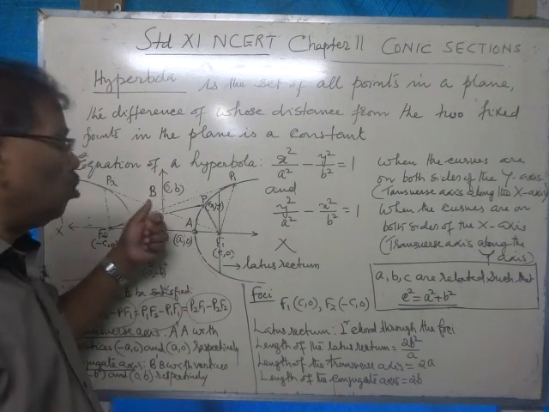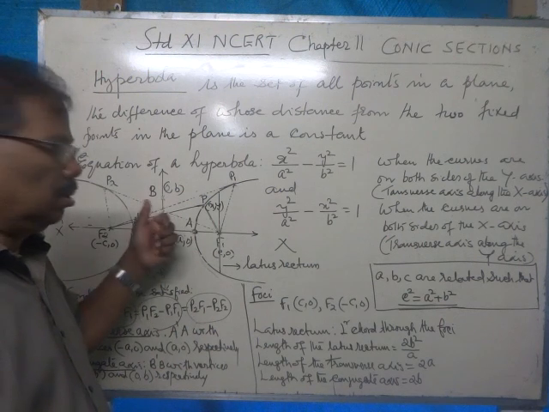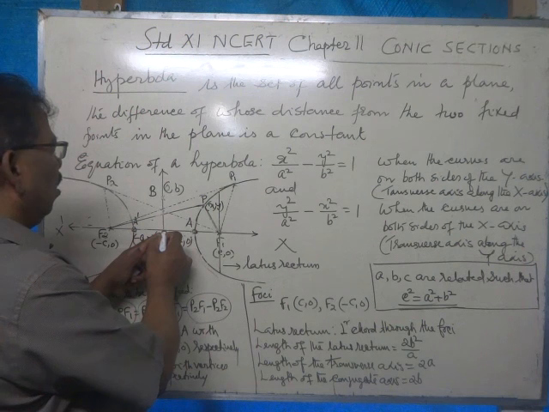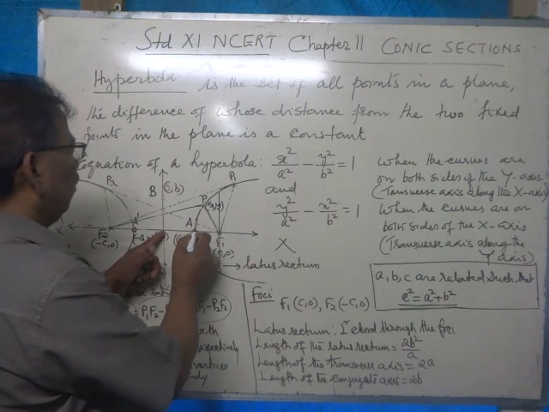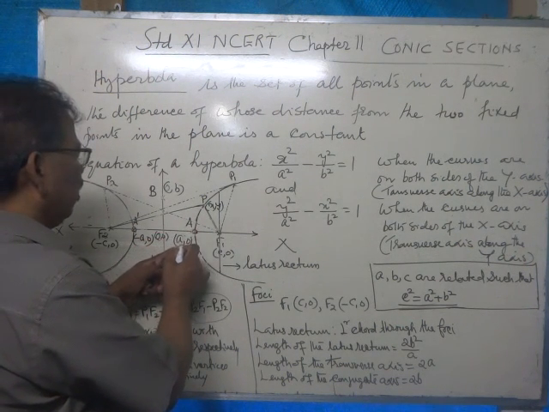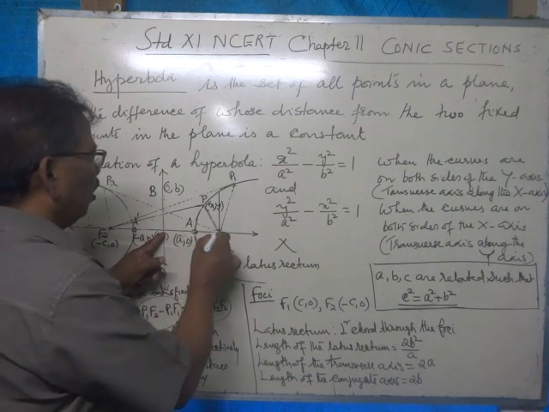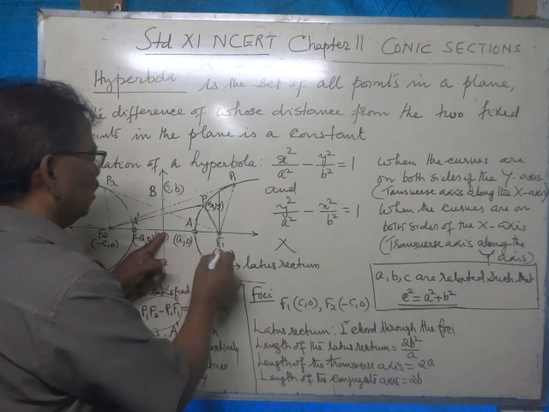And how is B formed? We have the distance of the vertex A from the origin as a units and the distance of focus F1 from the origin as c units.